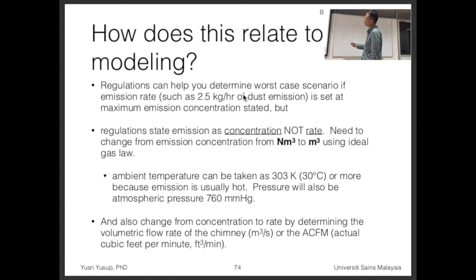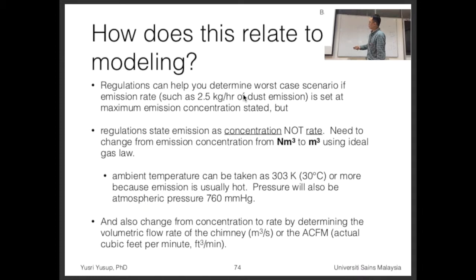Okay, this one is actually from the old standard, because in the old standard there is this unit called Nm3. N stands for normal meter cube. It's at a standard temperature and pressure of 0 degrees Celsius and 1 atm. You'll sometimes see this, and then you need to convert from this to meter cube using the ideal gas law, but we don't go into that for now.